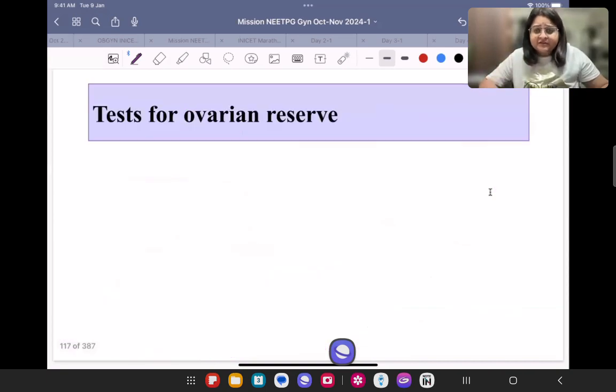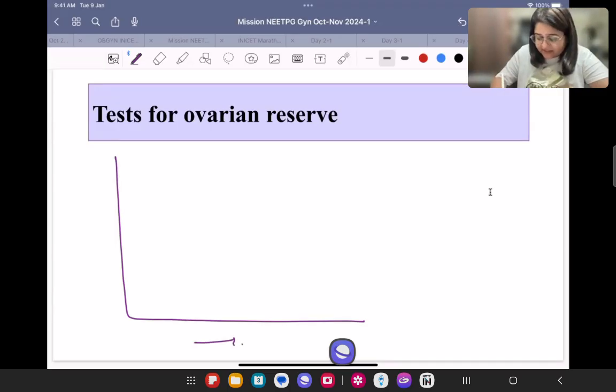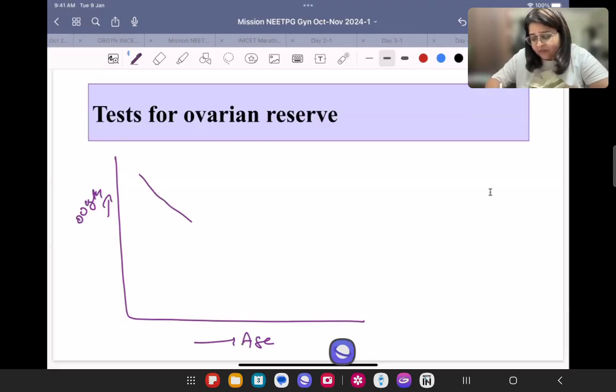Now, test for ovarian reserve. This is what happens. This is age on the x-axis, and here you have the number of oocytes on the y-axis. As the patient ages, the ovarian reserve is going to come down.